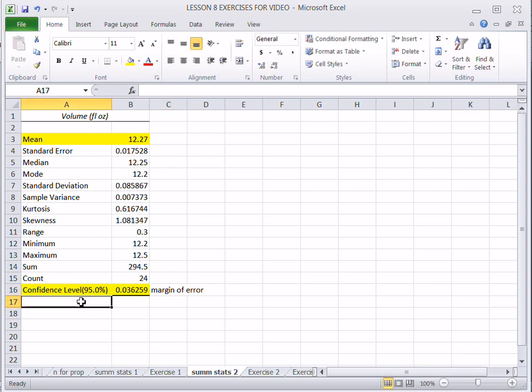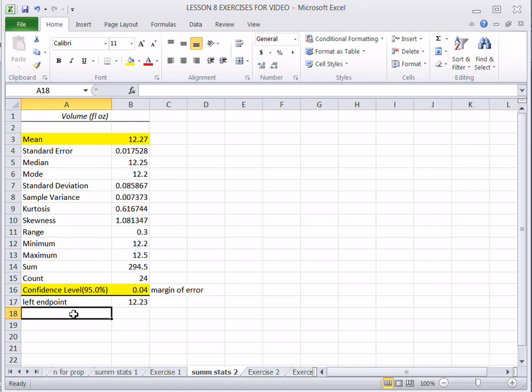So we can find then a confidence interval so that the left endpoint is just the sample mean minus the margin of error. Actually, let's cut that down to just 2 decimal places as well.